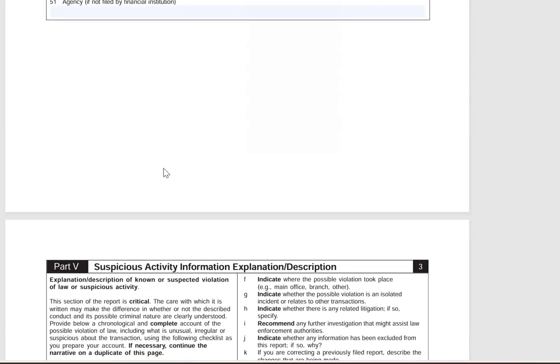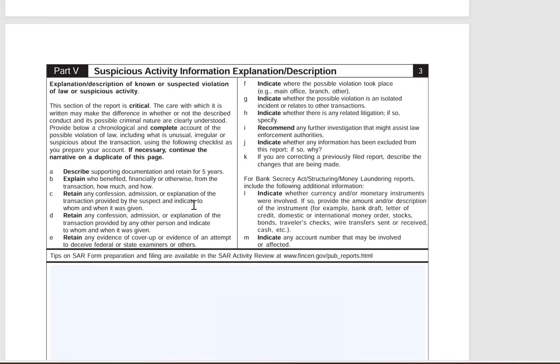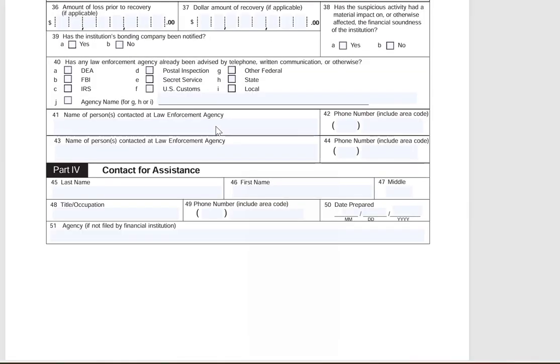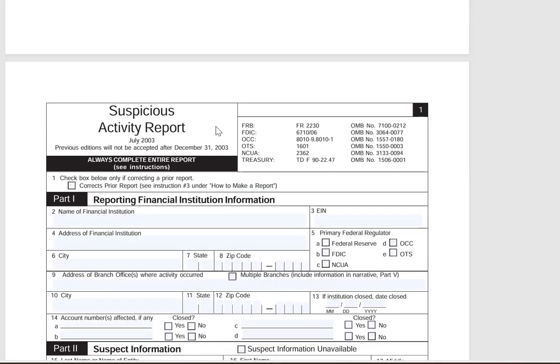All these things they need to mention. And then the suspicious activity information or description should be explained here. All these things are needed for the suspicious activity report, and this is the typical format of the report. You can check it, and I'll attach the link in the description box.